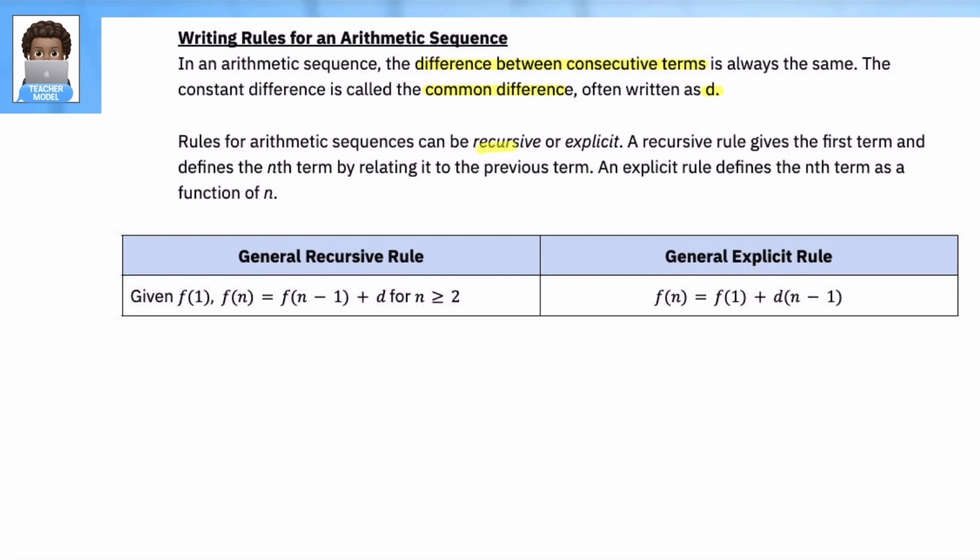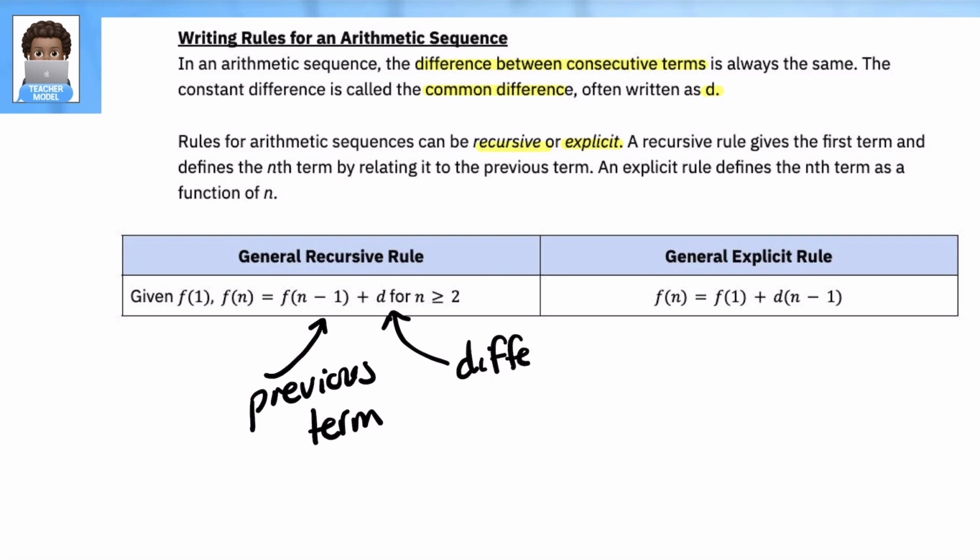And we can have recursive or explicit rules for this, just like we learned in our last lesson. So I'm going to give one that you could actually see. Here's one where I can have it as the previous term plus the difference, and that's what we were thinking about recursively, right? So the previous term and the difference.